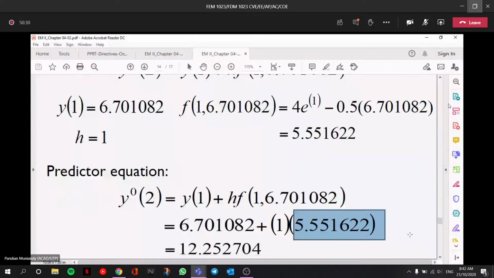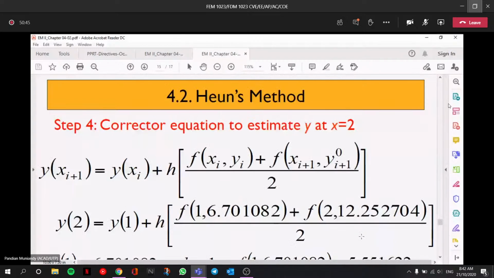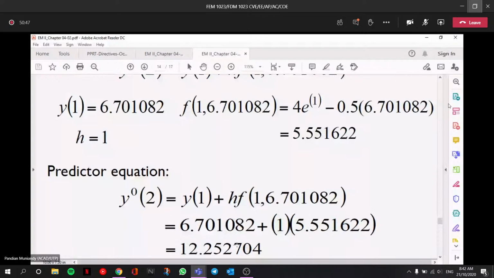Now take your calculator, calculate. Y1, 6.701082, plus 5.551622, you should be able to get 12.252504.